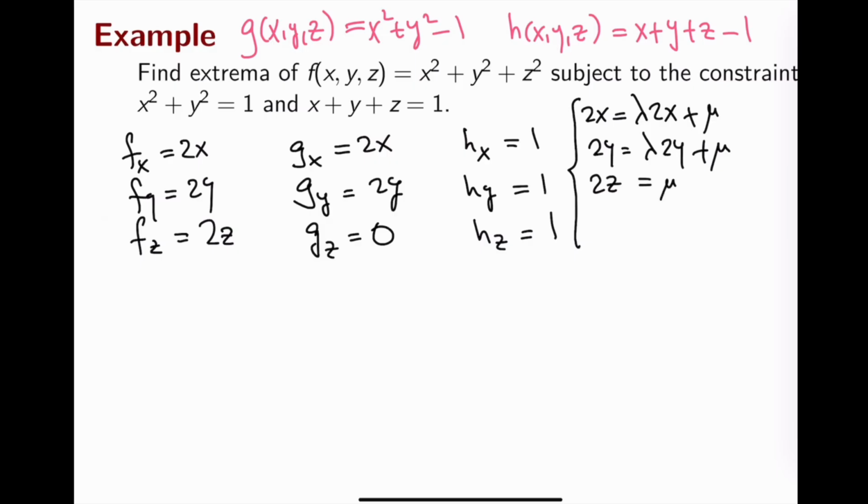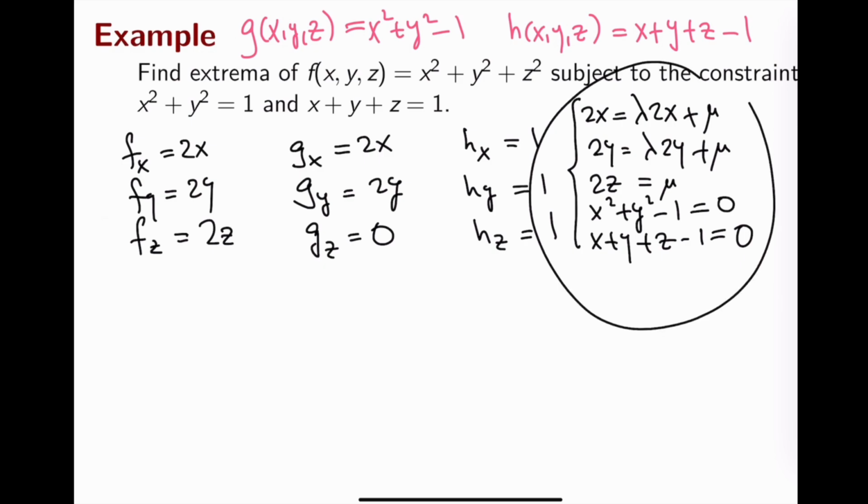And then the two restrictions will be this equals 0 and this equals 0. So this is the complicated system that we need to solve now.